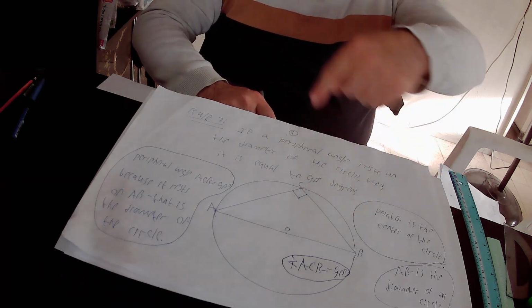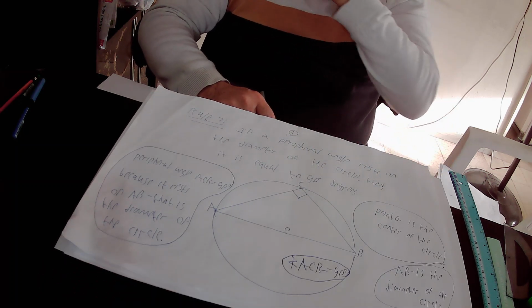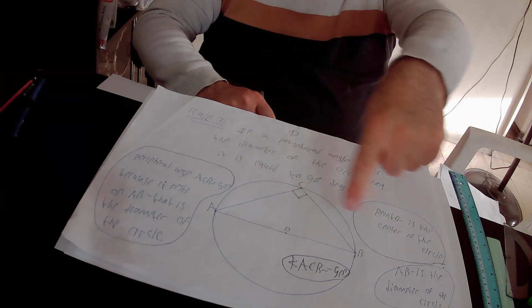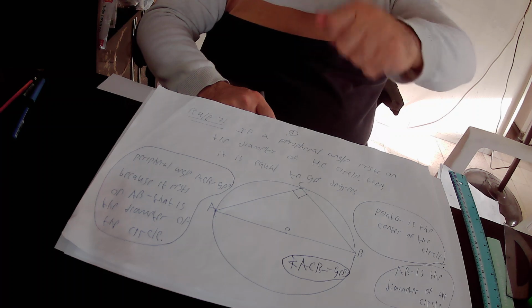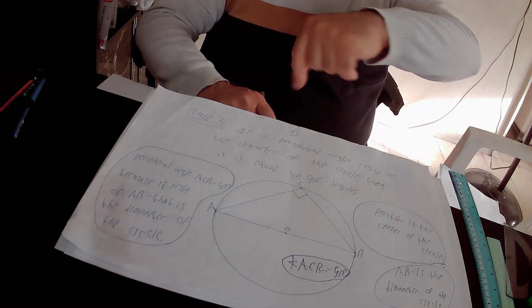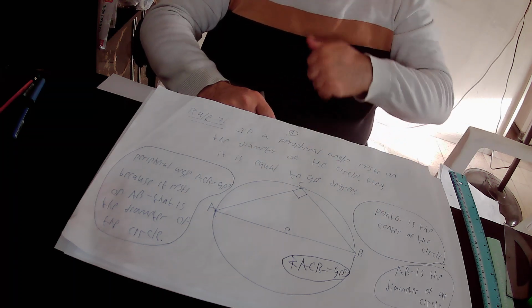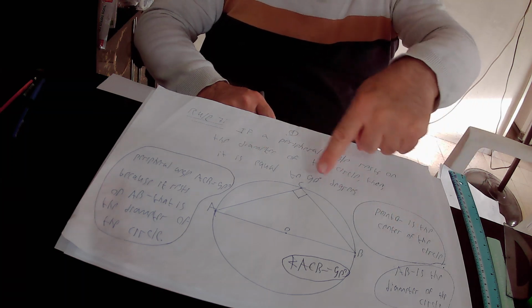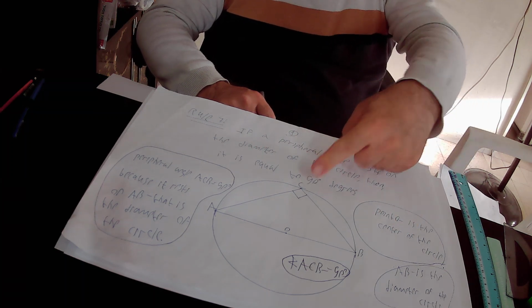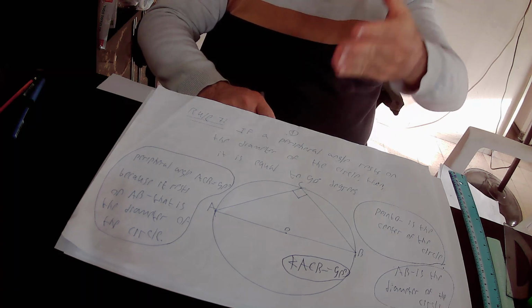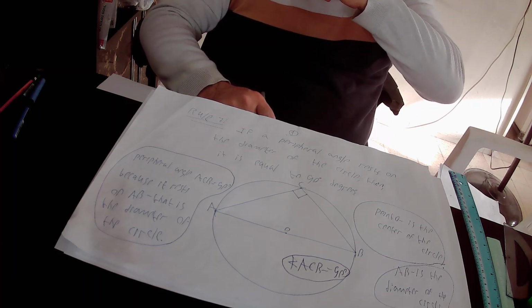So in the drawing we have a circle, and line segment AB is the diameter of this circle, and we have also peripheral angle ACB that is subtended on AB, that is the diameter of this circle, and therefore peripheral angle ACB equals 90 degrees in its size. So whenever you have a peripheral angle that is subtended on the diameter of the circle, it is equal to 90 degrees in its size.